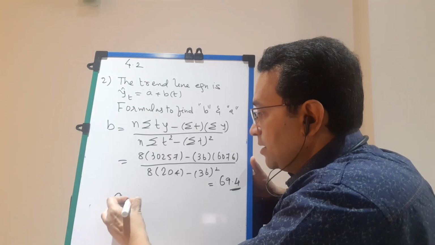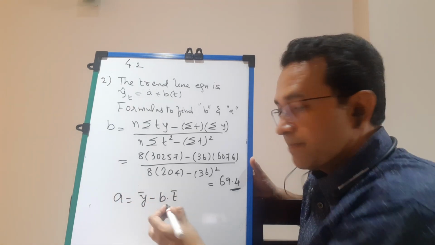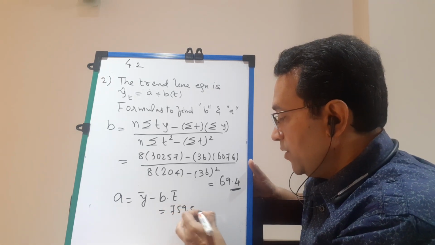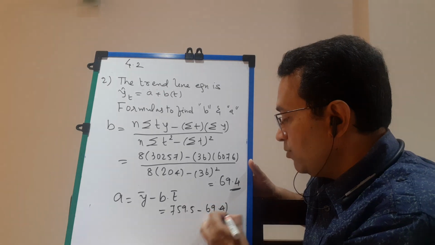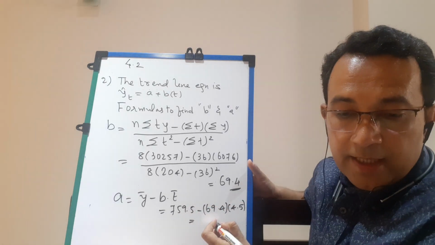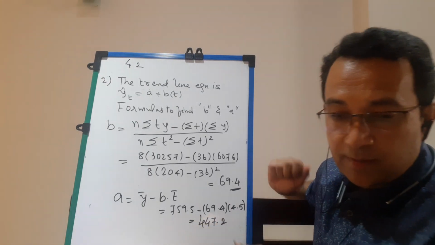And a will be y bar minus b t bar. Y bar is 759.5 minus 69.4 into t bar, which is 4.5, and simplification of a comes out to be 447.2.